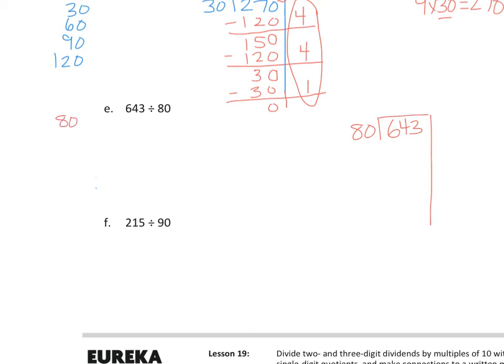I got 8. And I know 8 times 2 is 16, so 8 times 20 is 160. I know 8 times 3 is 24, so 240 is 8 times 30. And then 8 times 4 is 32, so 8 times 40 is 320.